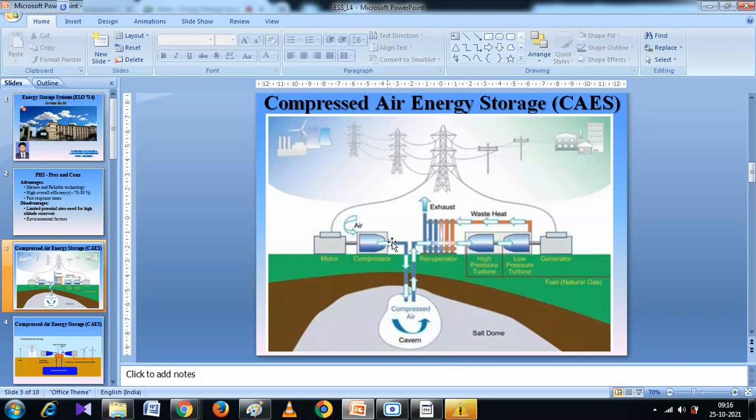We take the normal air by a compressor and we push the compressed air there.